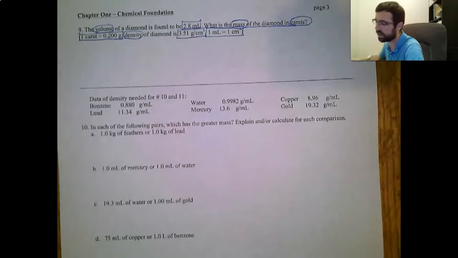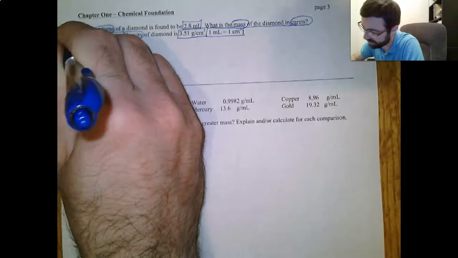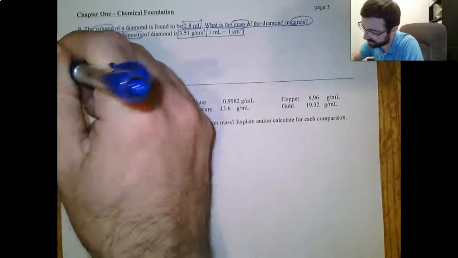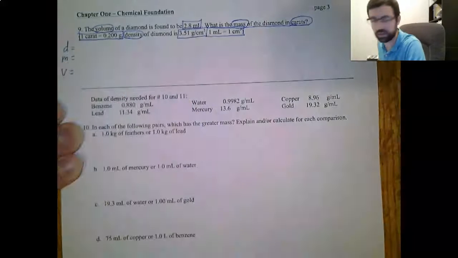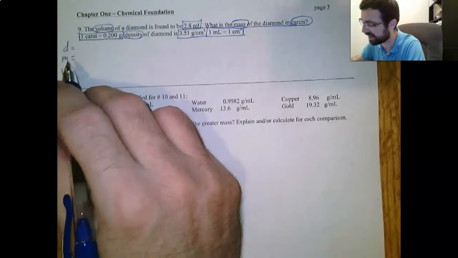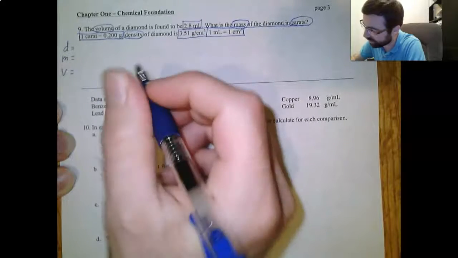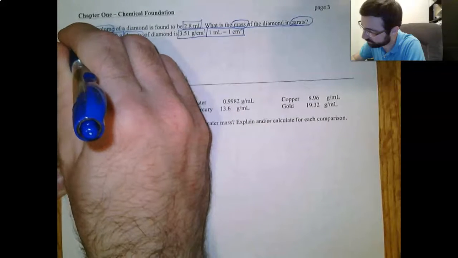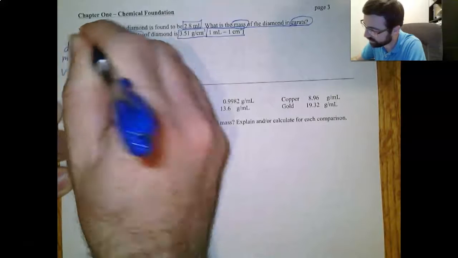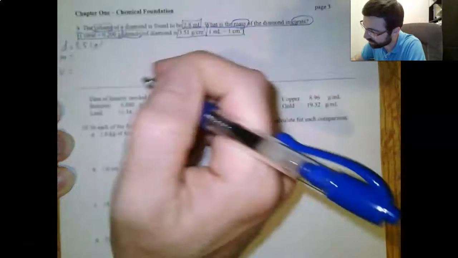So let's write it down. We're going to be dealing with the density formula. D, M, V, right? Department of Motor Vehicles. Not really. Density, mass, volume. All right, density is 3.51. Always write down your units just so we don't get confused: grams per centimeter cubed.